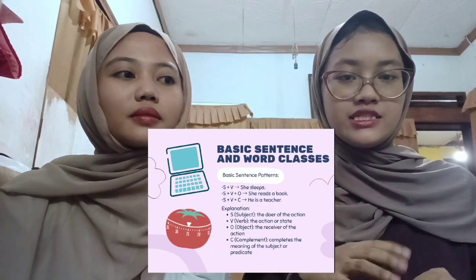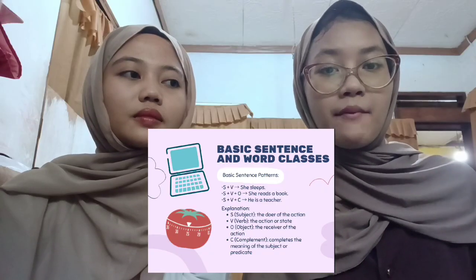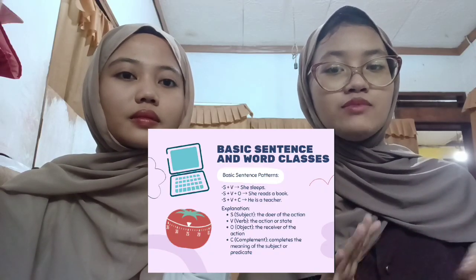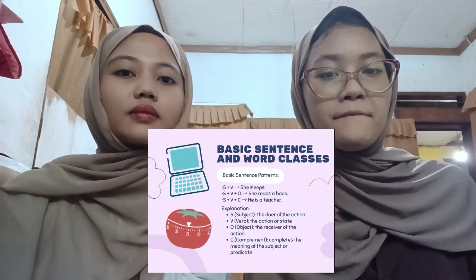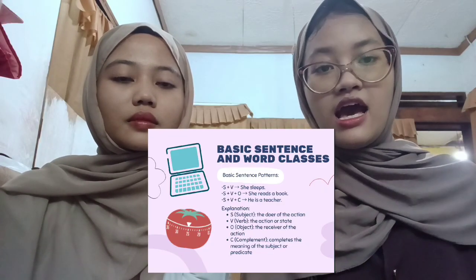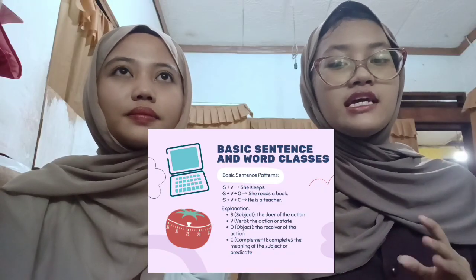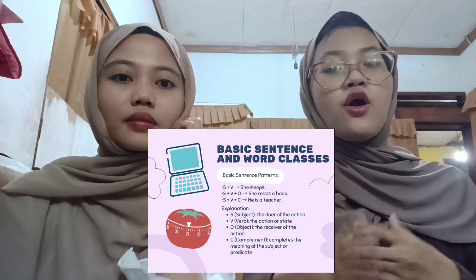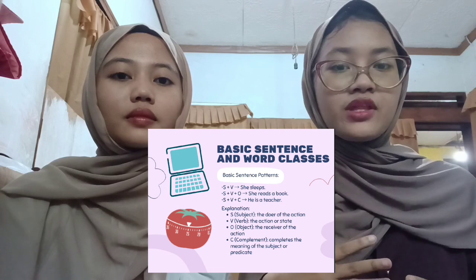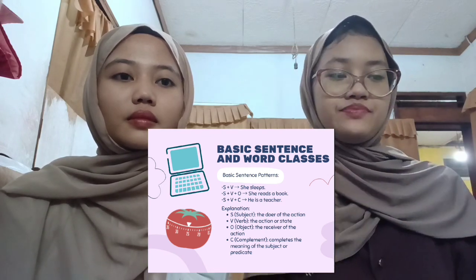The second pattern we can call a sentence. Why? Because it has subject plus verb plus object. But the object does not have to be added. It can be used or not. The object is a marker for a more complete sentence.